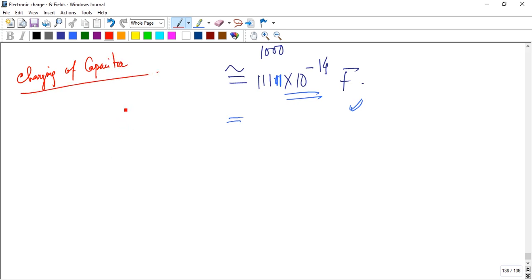Suppose there are two equipotential surfaces. Do not confuse these two as having the same equipotential. No, these have another equipotential surface. Suppose one surface is called H and this surface is called L. The potential values are different. Suppose it is plus 10 volt, and that is minus 10 volt.